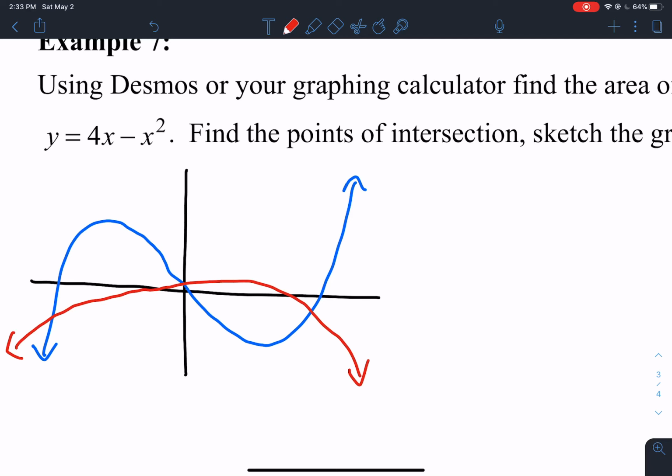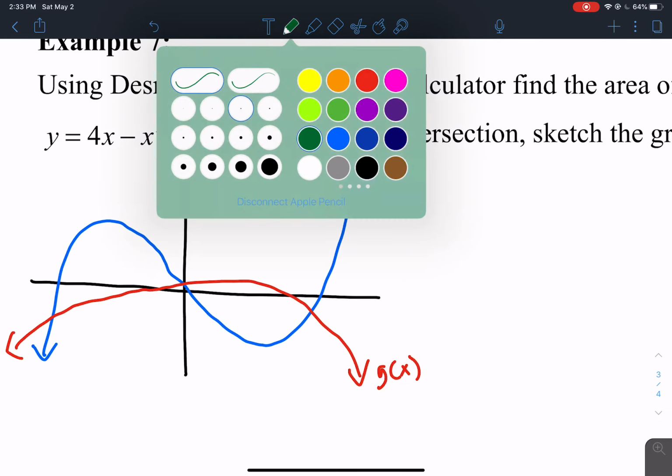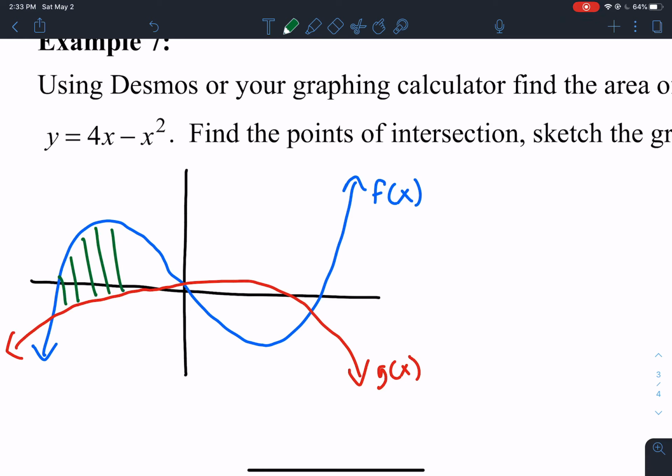That's g of x, and then the blue one we're going to say is f of x. So we're doing this area first, and then this area second. We figured out that this was -3, this is 0, and then this point here is +3.